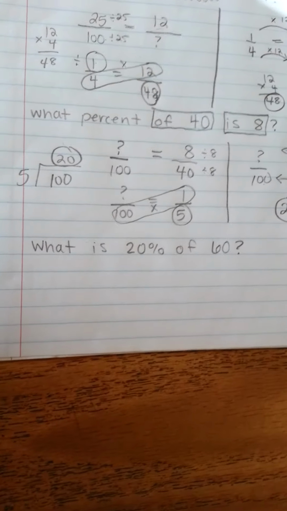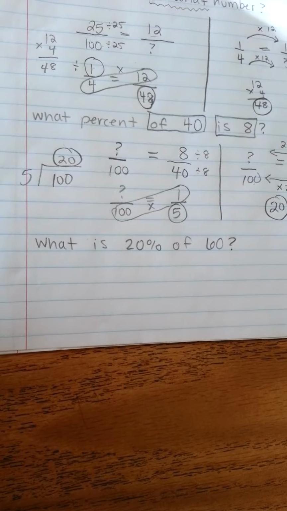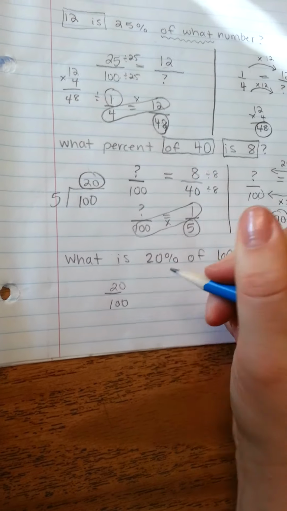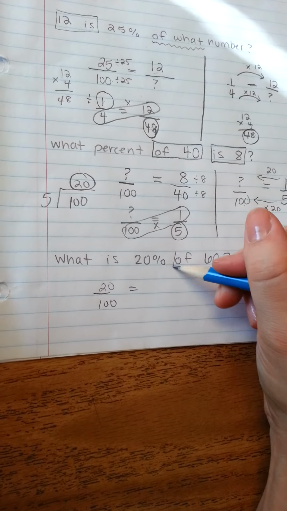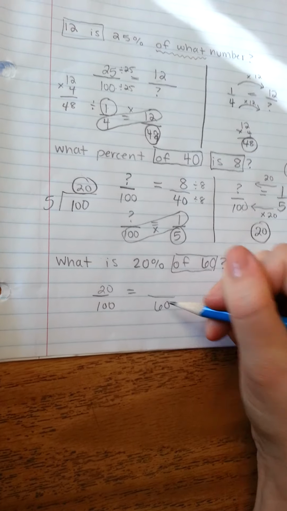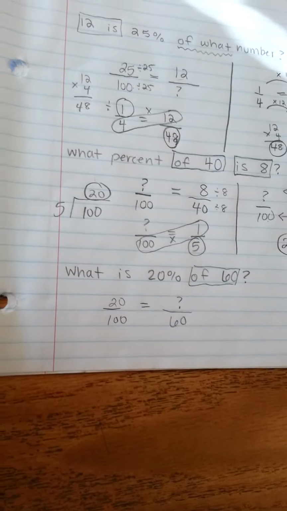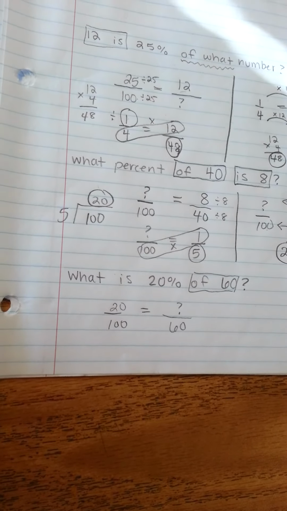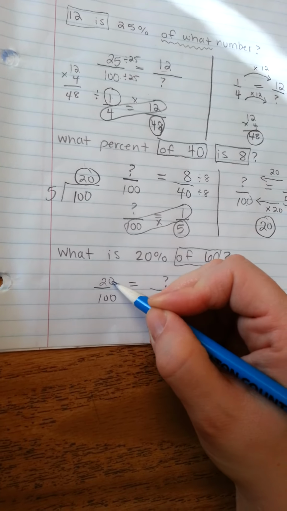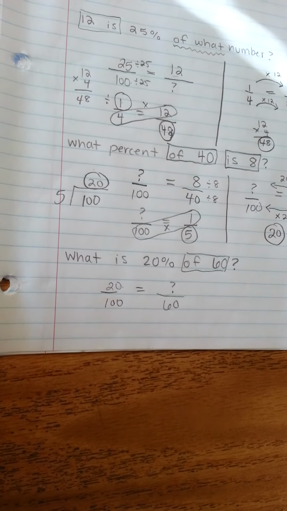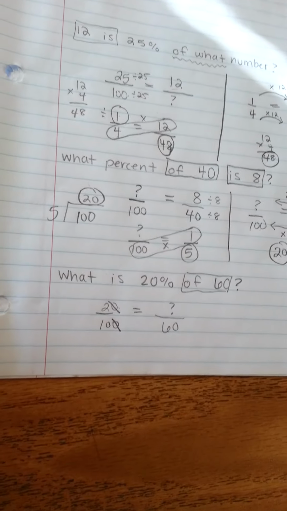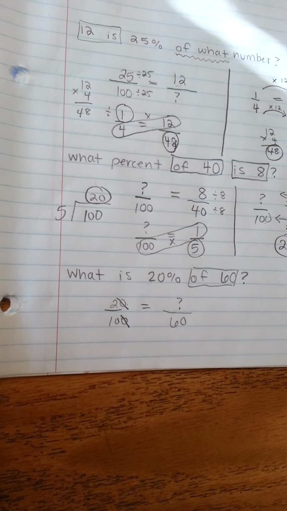Now, let's look at this last example. What is 20% of 60? I'm given my percent, and I see that it says of 60. 60 must be my whole. I'm looking for the part. So, I could go ahead and simplify. Since both of these have a 0 on the end, I could divide by 10 by knocking off a 0, and that gives me 2/10.